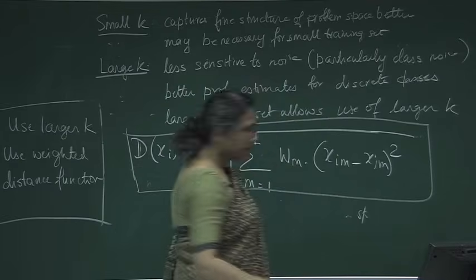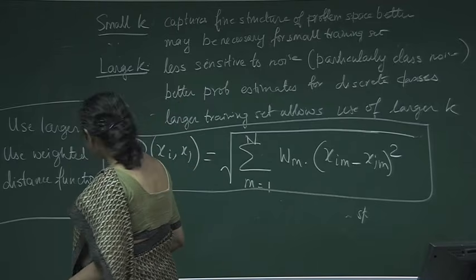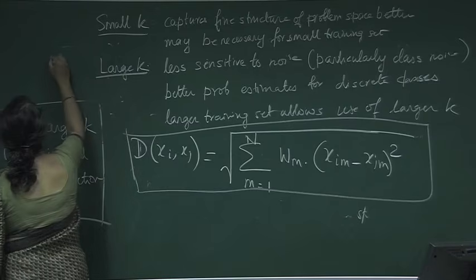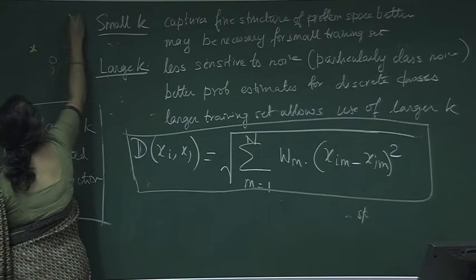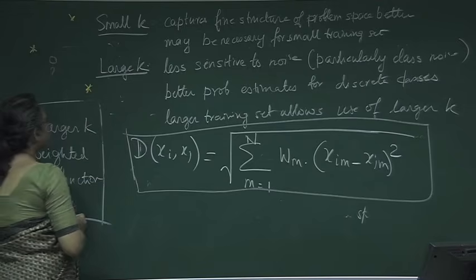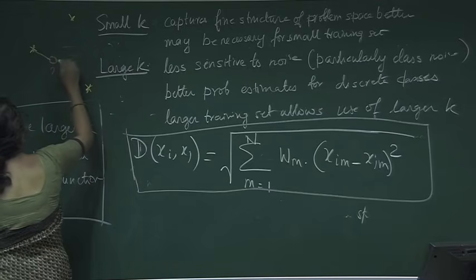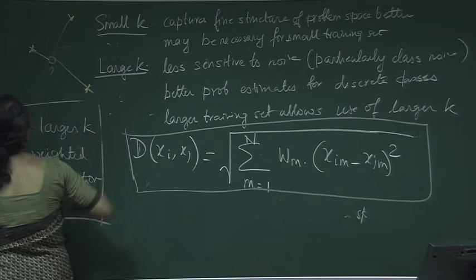So, for a particular test example, suppose this is a test example, and these are 3 nearest neighbors. Now, this is closest, this is medium distance, this is a little further.